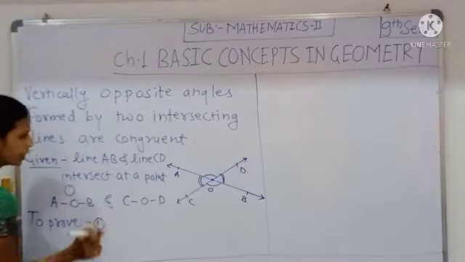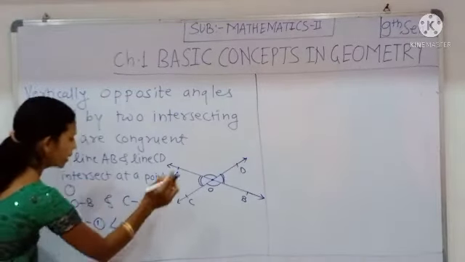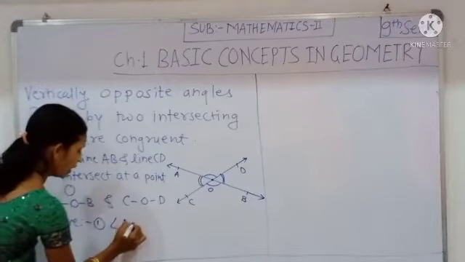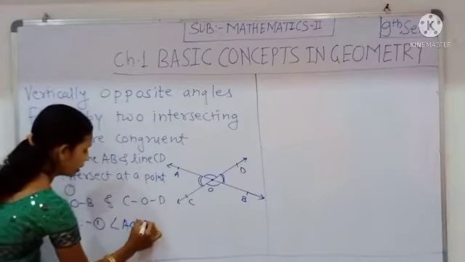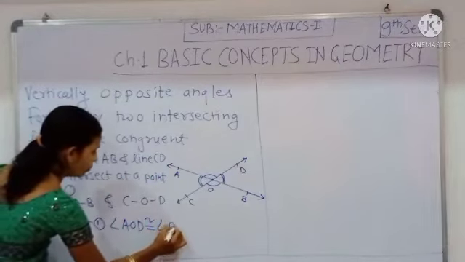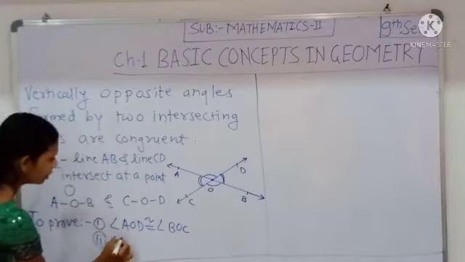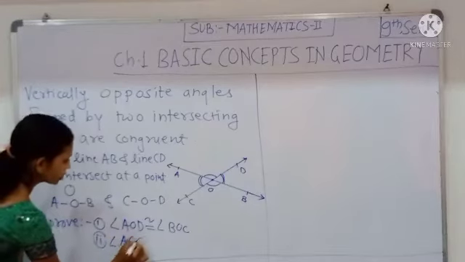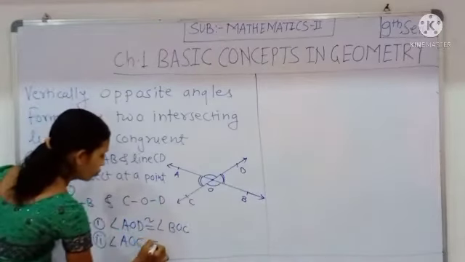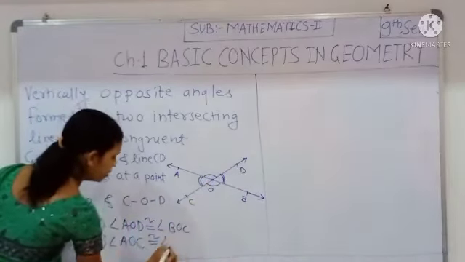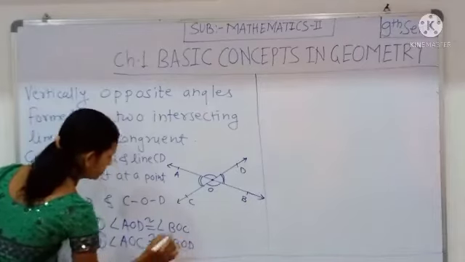Therefore, there are two pairs of vertically opposite angles: angle AOD congruent to angle BOC, and angle AOC congruent to angle BOD.